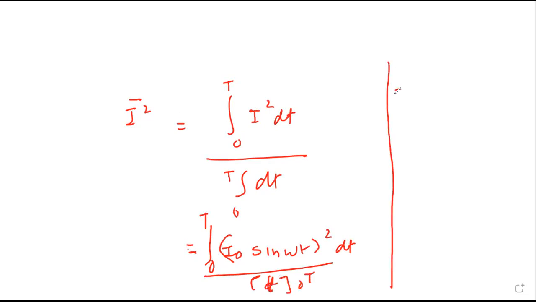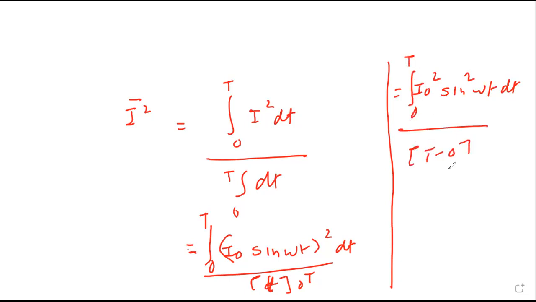So that will become I naught square sine square omega t dt for one cycle upon t minus 0. So I naught square upon t integration of sine square omega t dt from 0 to t.